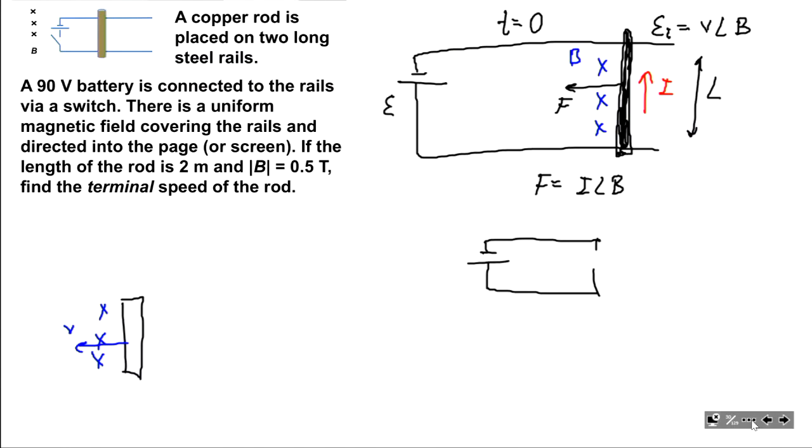Fictional positive charges would be here. No. Why do I do this? That's velocity. That's magnetic field here. Velocity, magnetic field. So this end would become positive.